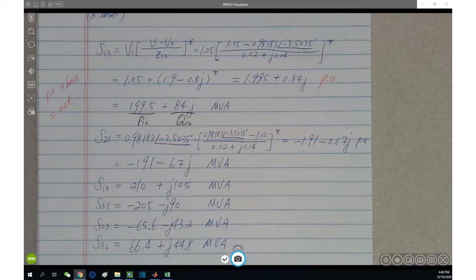Anyone else? Do you require us to express them in actual, or can we leave them in per unit? You need to convert them to the actual. Oh, okay. Yeah, that's what the base power is given for. Anyways, how about your results for S23 and S32?